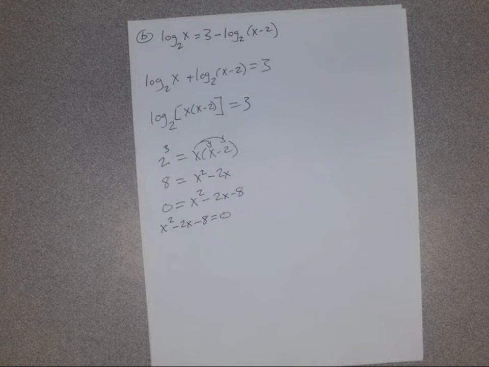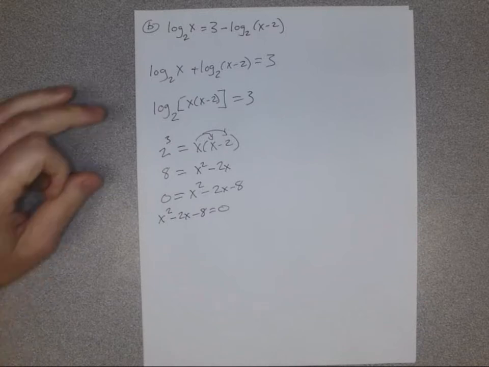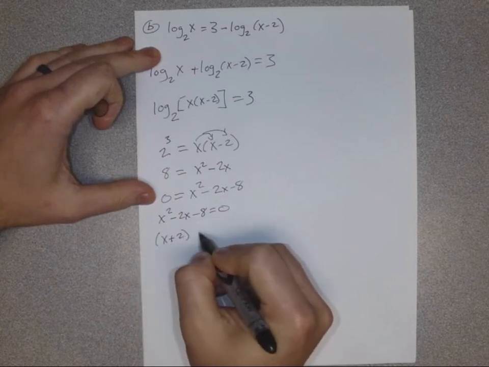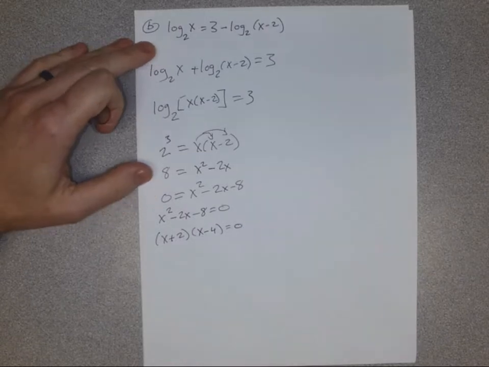So now what do I have to do to be able to solve this? You have to do the AC method, or factoring however you like factoring. So hopefully you're all okay with factoring by now. So you get x plus 2 times x minus 4, and that's equal to 0.